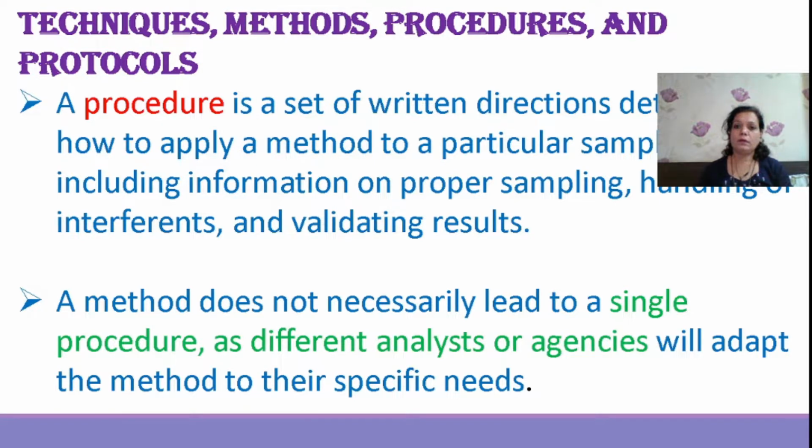I need to determine the absorbance measured by AAS for all these known concentration solutions, so that I will have a calibration plot, and then I can go for the unknown solution. So a procedure is a set of directions detailing how to apply a method to a particular sample, including information on sampling, handling of interference, and validating the results.